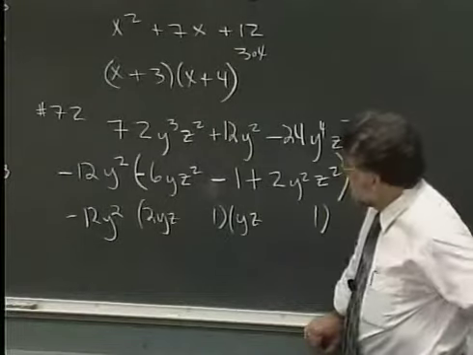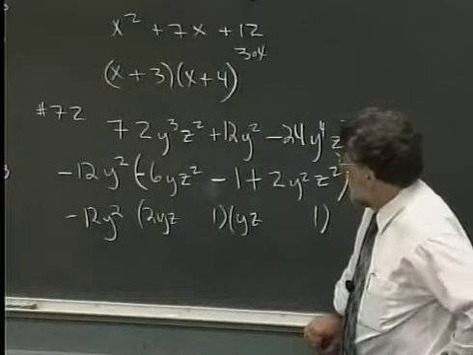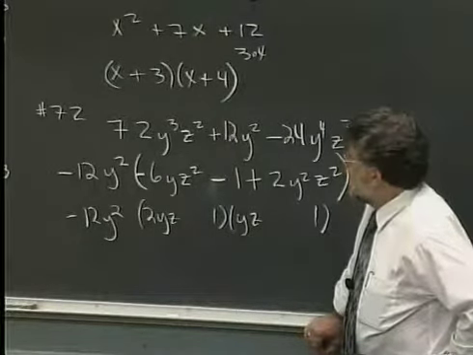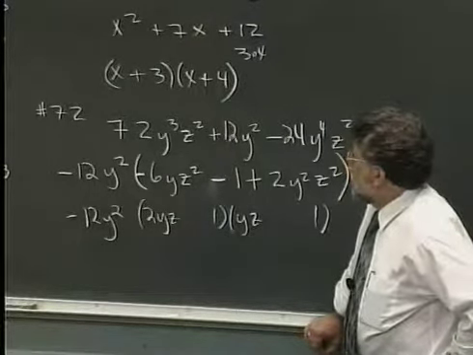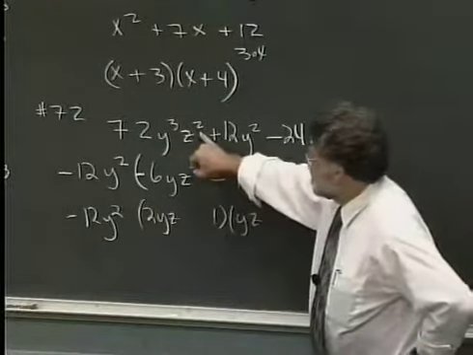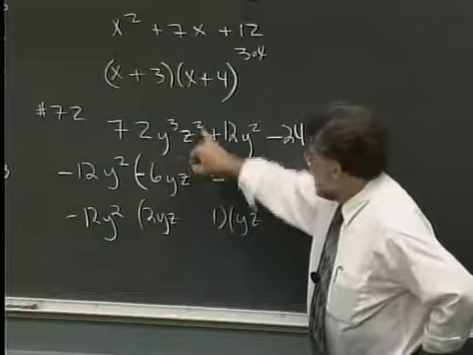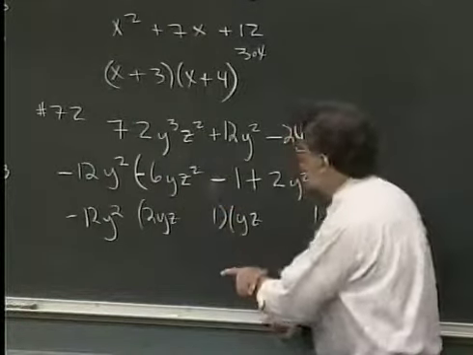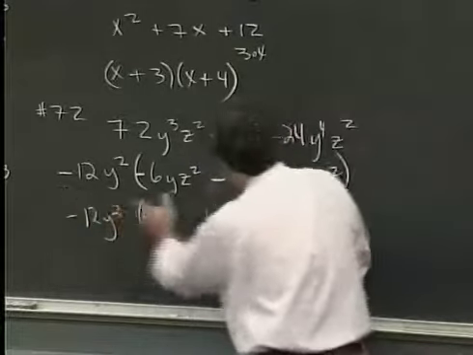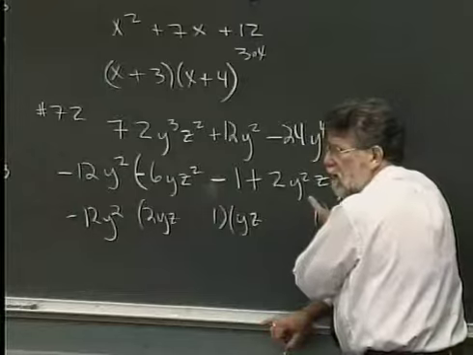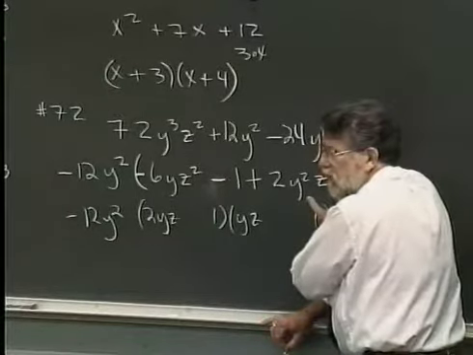Yes? The fact that the negative 1 doesn't have a variable, does that just complicate things even more? Well, it's just been rearranged. Oh, okay. If this had been set up with a z here instead of a z squared, then this would have been 6yz. You then would want to rearrange it, and that was why I took out the negative 12y squared, so this came out as a second degree term, as a positive leading coefficient.